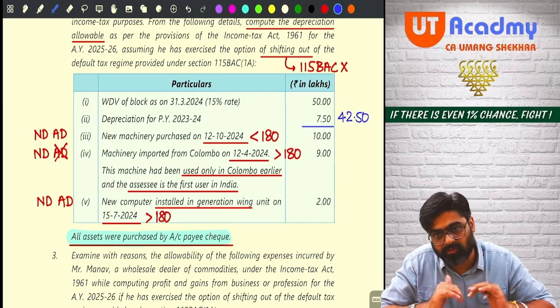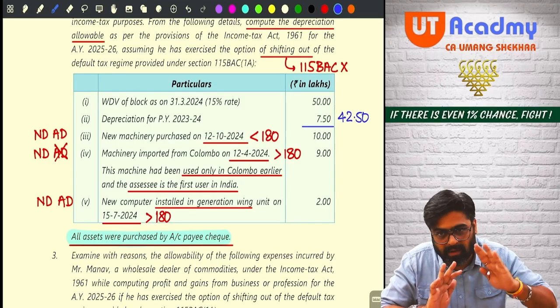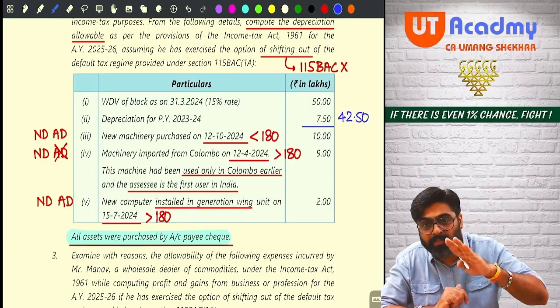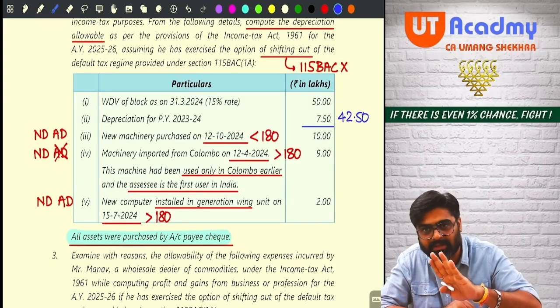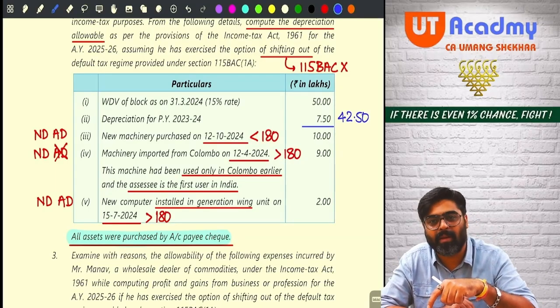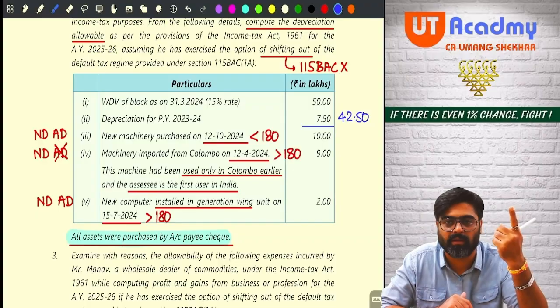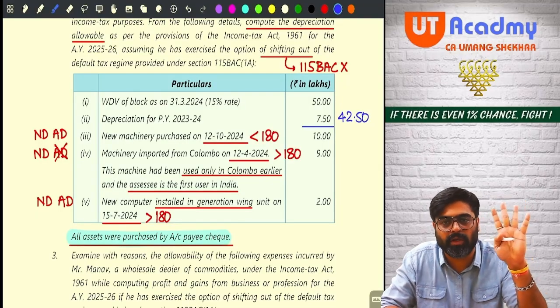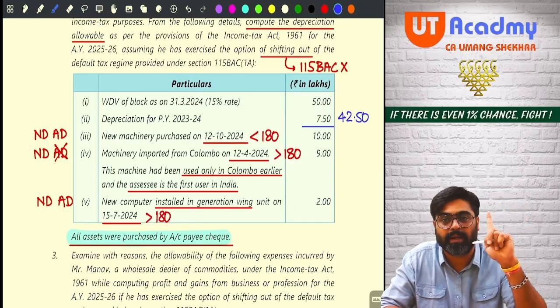Even if you are the first user in India, earlier it was used by someone else, no? So you are not bringing this in your power generation business for the first time and using it for the first time. Getting my point? The machine was already used earlier. So what? It was used outside India, but it was used only, no? So this is a second hand plant and machinery.